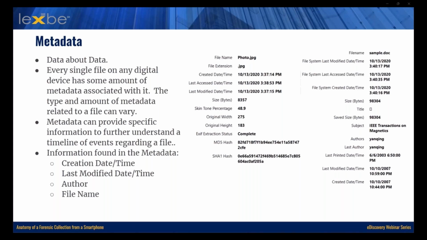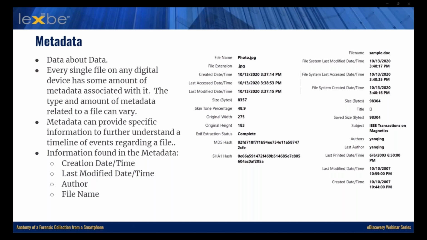The type and the amount of metadata related to a file can vary, but typically it will have dates and times of the creation, the last access date and time, the last modified date and time, the size of the file, name of the file, the extension, authors, if it's say a Word document or a PDF, and even, of course, your MD5 hash or your SHA-1 hash. So much information can be gotten from the metadata itself, and that is not limited to computer data. It also falls into phone data, smartphone data that is collected.